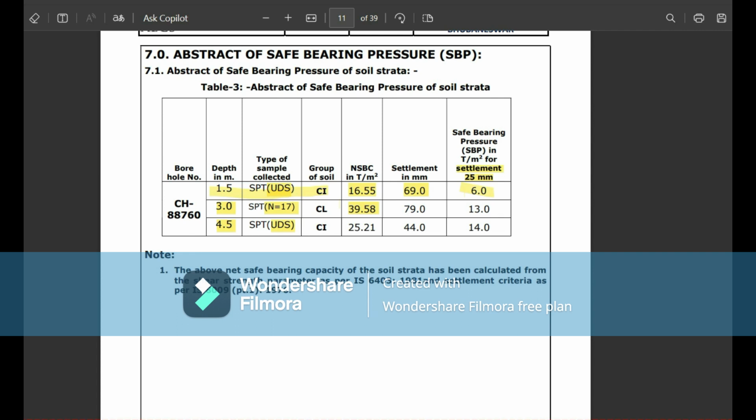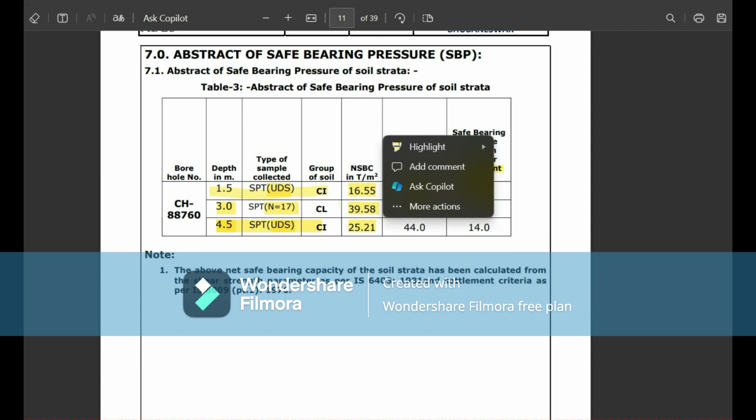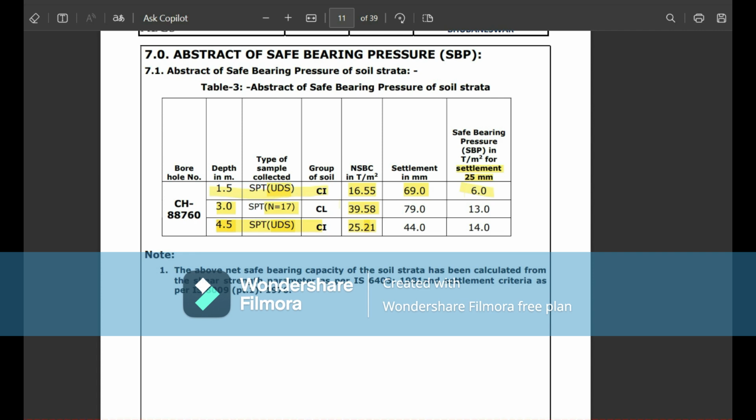At 4.5 meter from the ground level, the net safe bearing capacity is 25 ton per meter square. For 25 mm settlement, the safe bearing pressure we can apply here is 40 ton per meter square.